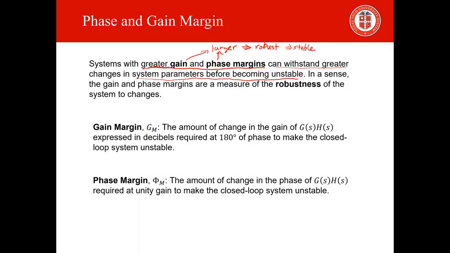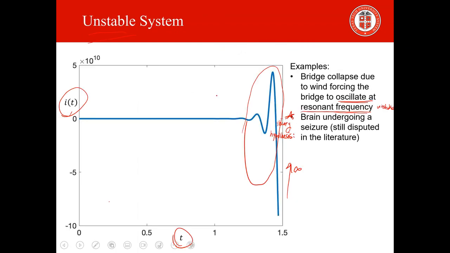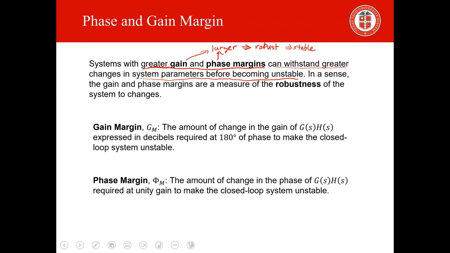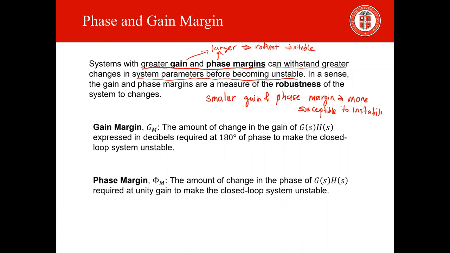On the other hand, if you have a smaller gain and phase margin, then your system is more susceptible to being unstable. Susceptible to instability, let's say. Okay?